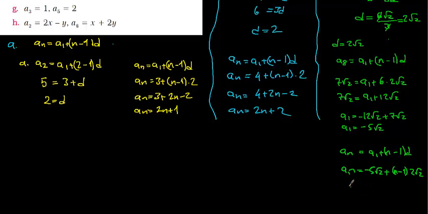So an is equal to minus 5 root 2 plus 2 root 2 n minus 2 root 2, and the an is going to be at the end 2 root 2 n minus 7 root 2.